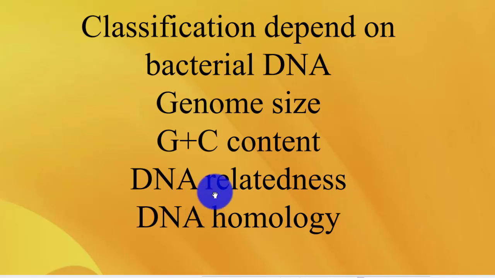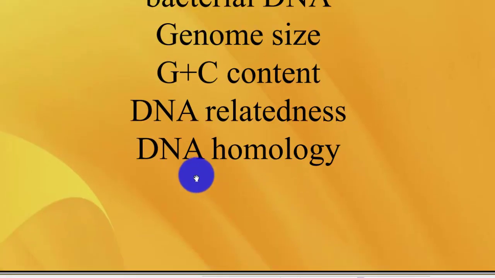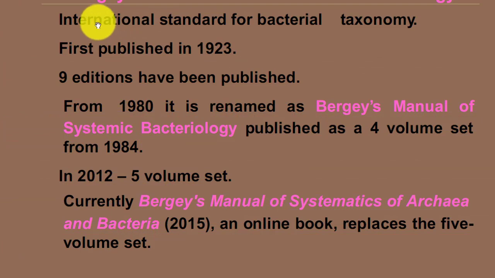DNA relatedness depends upon DNA strand complementarity to strands from other microorganisms. One strand from E. coli can combine and anneal with another strand from Salmonella. A strand from E. coli can't anneal with a strand from Staphylococcus. DNA homology means that the nucleotide sequence is like that of other bacteria.